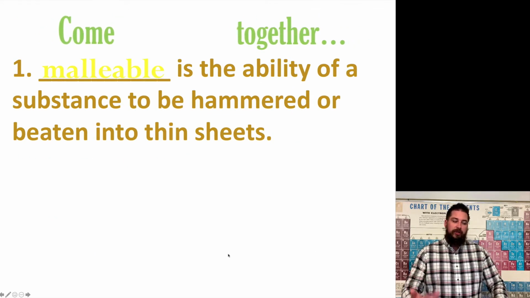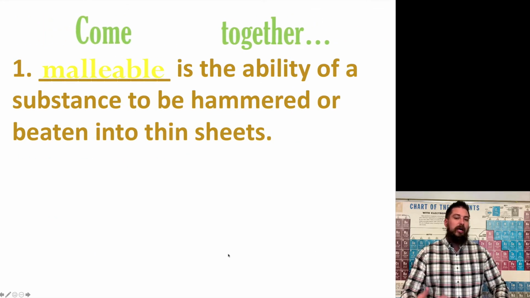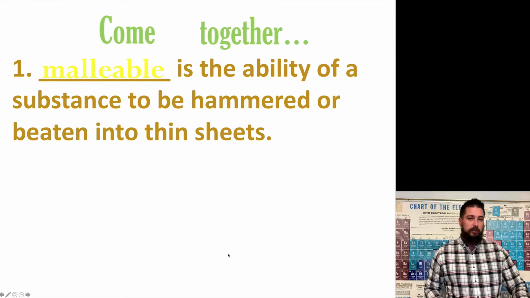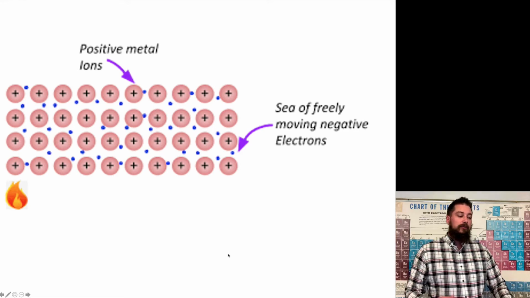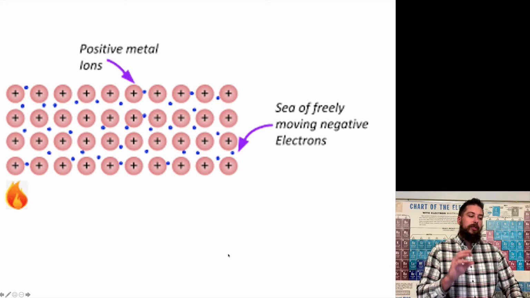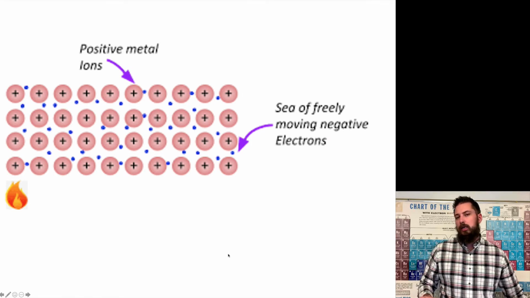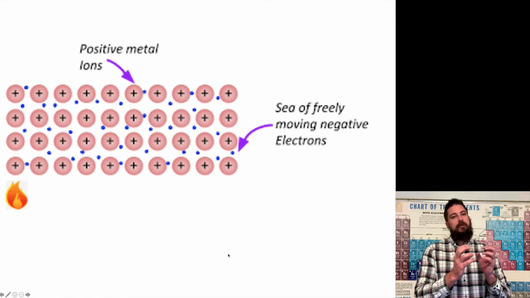This is called malleability, which is the ability of a substance to be hammered or beaten into thin sheets. If you think about the structure here, those positive metal ions are not really bonded to the atoms next to each other.